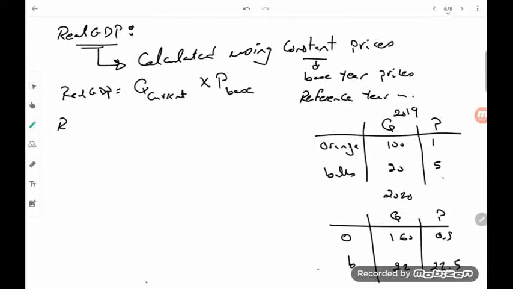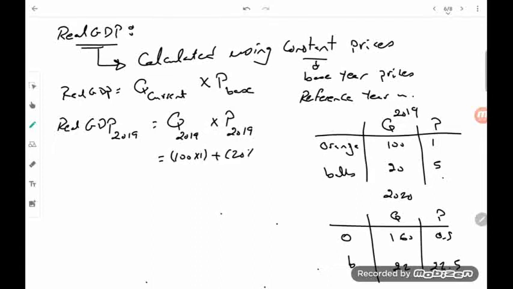So for year 2019, it's quantity of 2019 multiplied by price of the base year, which is 2019 in our case. So it will be 100 multiplied by 1 plus 20 multiplied by 5.